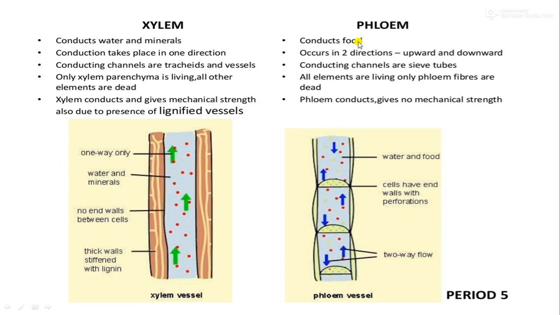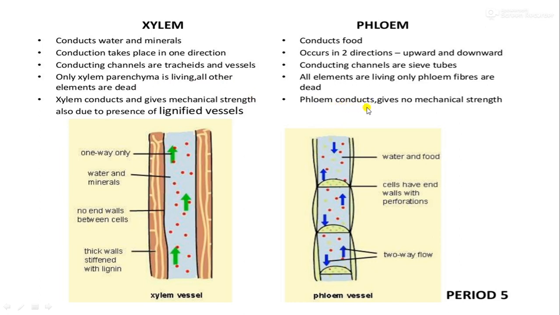And phloem conducts food, and phloem transport is upward and downward, so you can say bidirectional. Conducting channels are sieve tubes, and all elements are living, only phloem fibers are dead. In phloem all other three components are living, but the phloem fibers are dead. But in xylem only xylem parenchyma is living, all other elements are dead.